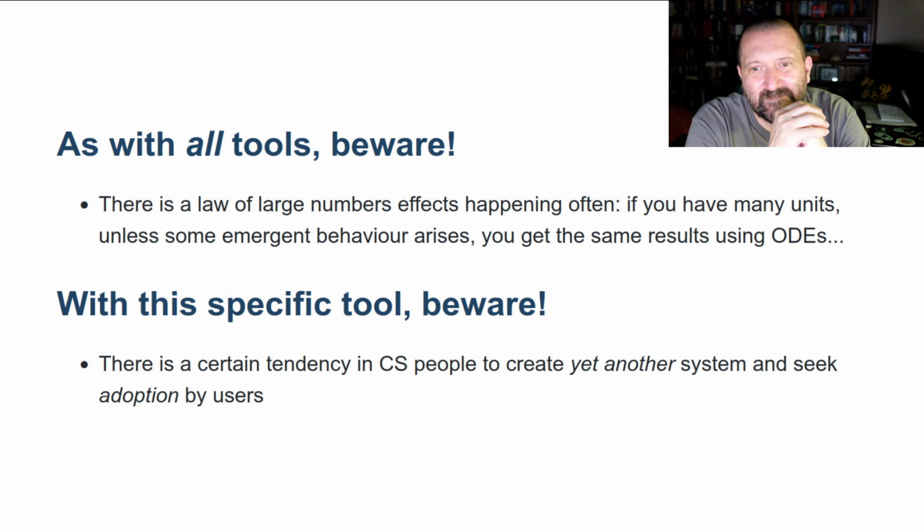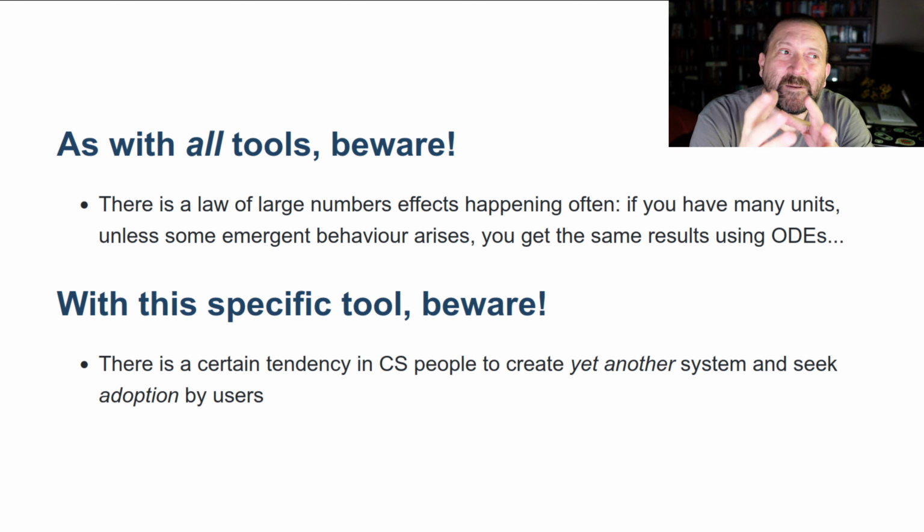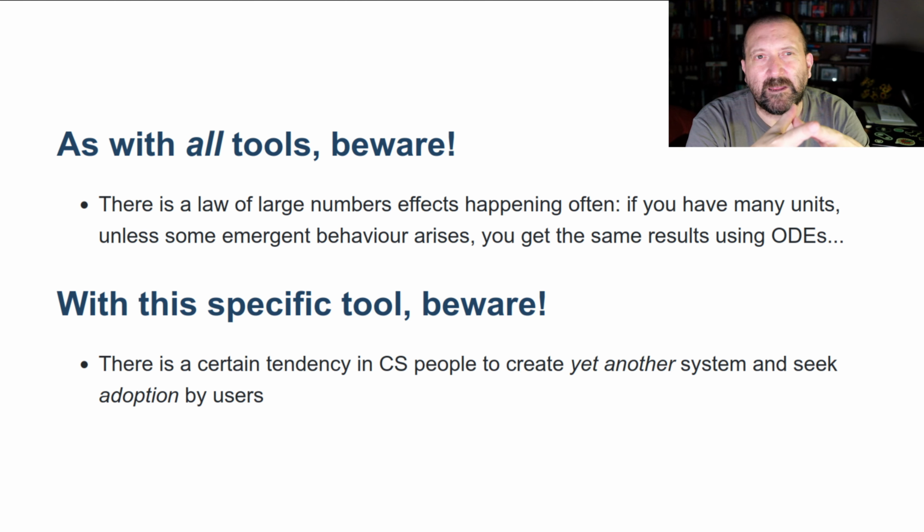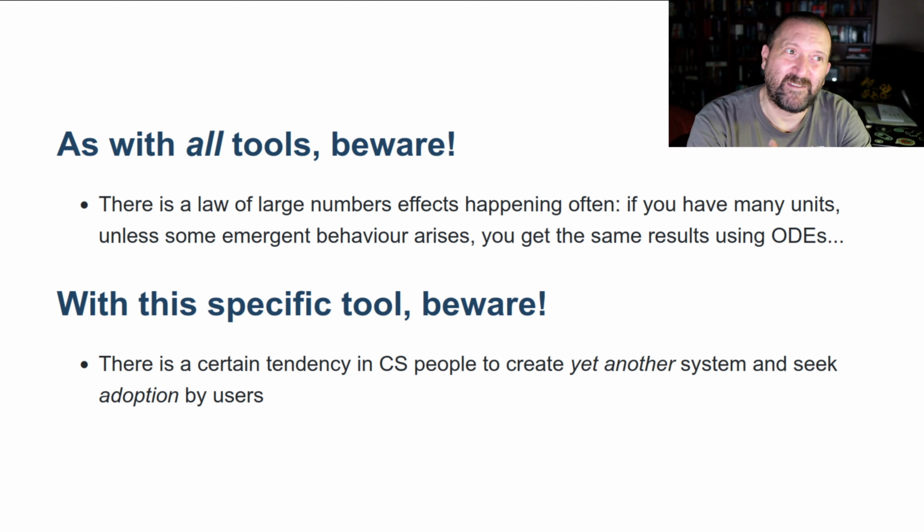One remark that I will make, for instance, is when you have a large number of effects happening often, sometimes you will have an emergent behavior, but oftentimes there won't be an emergent behavior and it will just be the behavior of the mean. If you end up in a situation where your model behaves very much like an ODE, well, you'd be better off using an ODE because the ODE is analytically tractable, whereas the ABM isn't.